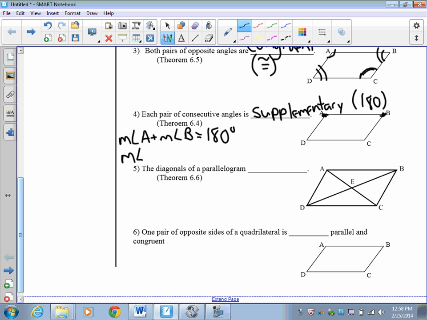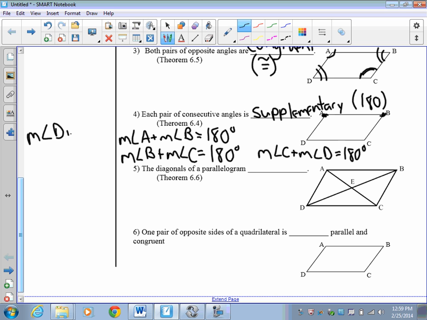Another pair of consecutive angles is the measure of angle B plus the measure of angle C. They equal 180. The measure of angle C plus the measure of angle D is equal to 180. And I guess I'll do it over on the left side here. The measure of angle D plus the measure of angle A is equal to 180 degrees. So those are each pair of consecutive angles are supplementary.